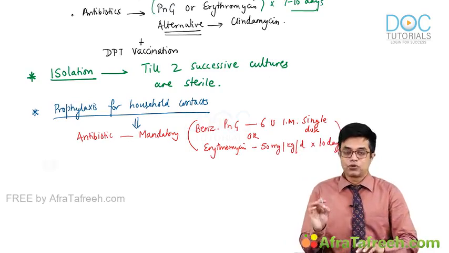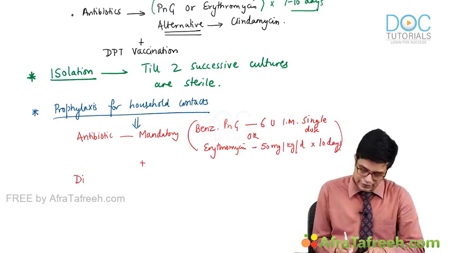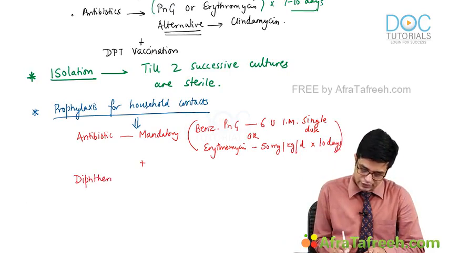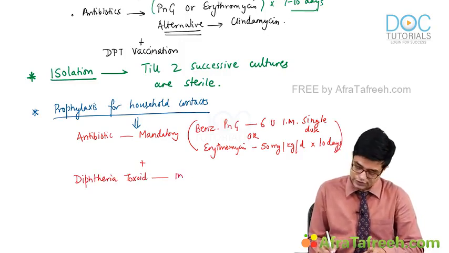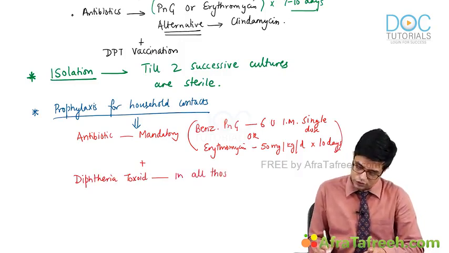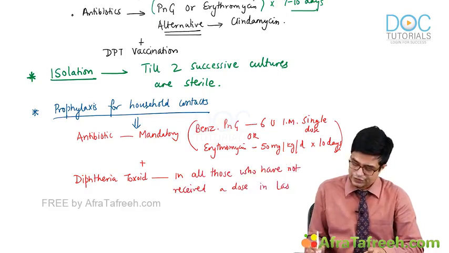So, antibiotic prophylaxis has to be given. Then, along with this, diphtheria toxoid vaccine should be given in all immunized individuals who have not received a dose of this toxoid in the last 5 years.